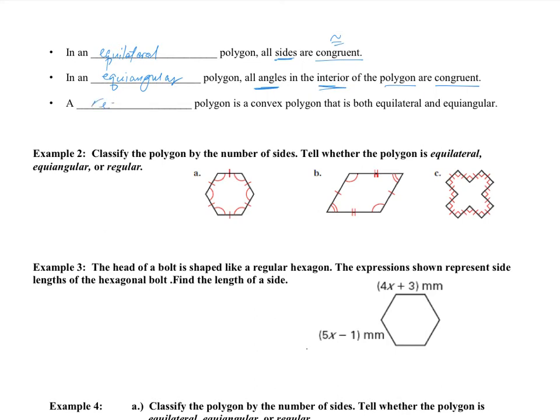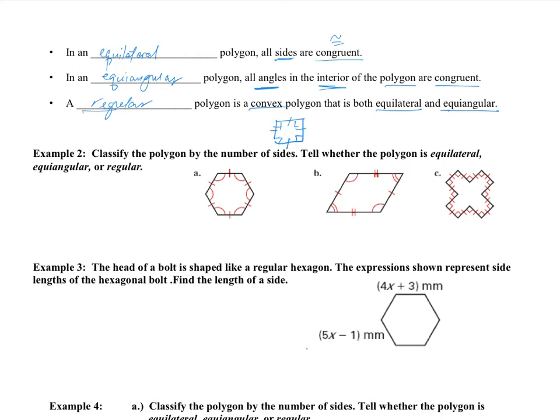A regular polygon is a convex polygon that is both equilateral and equiangular. Let's look at a simple polygon such as a square. All sides of a square are congruent, so it is equilateral, and all angles are equiangular, 90 degrees. So we say a square is regular and also convex.